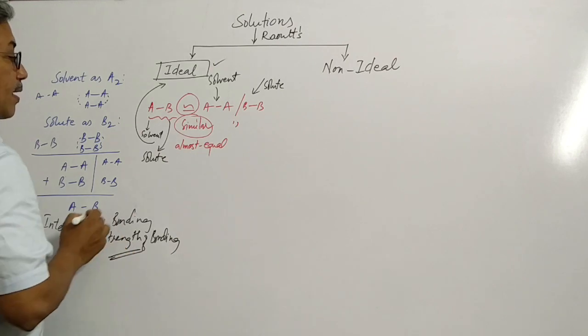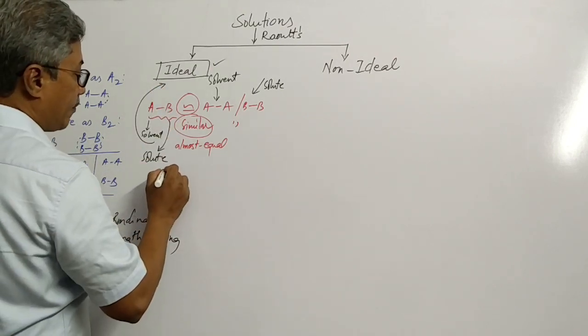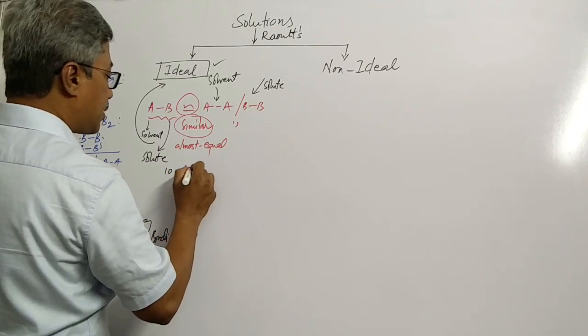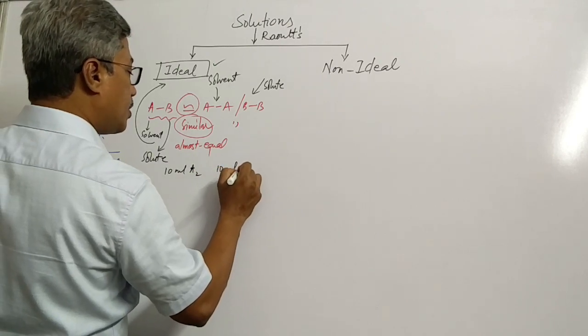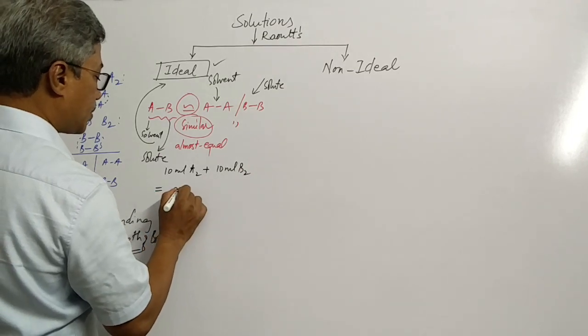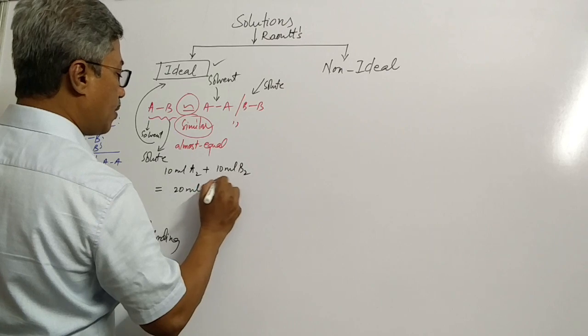Clear? Okay. If this is the situation, when we mix 10 ml of A2 and 10 ml of B2, upon mixing these two we will get 20 ml of A-B only.